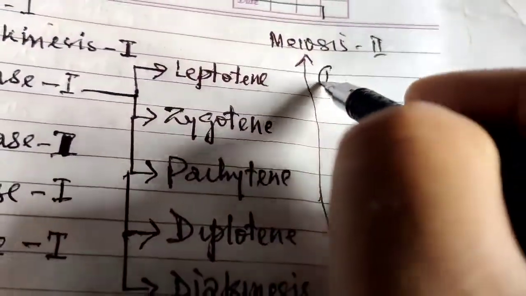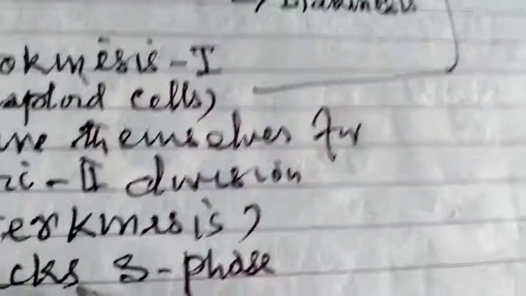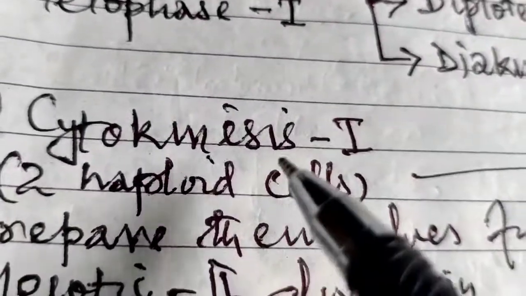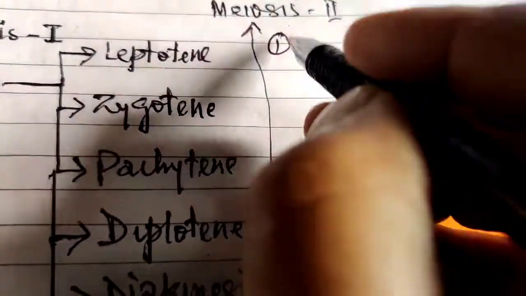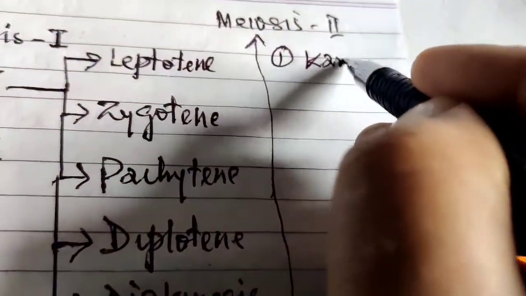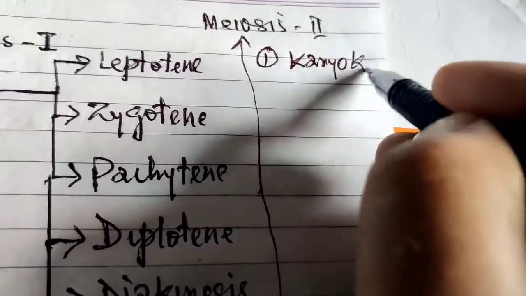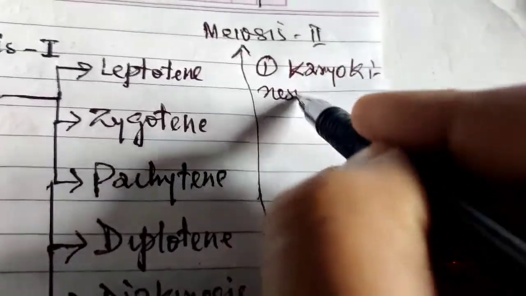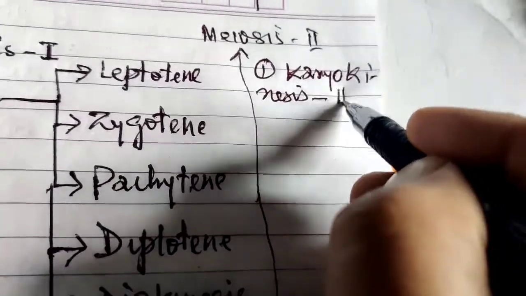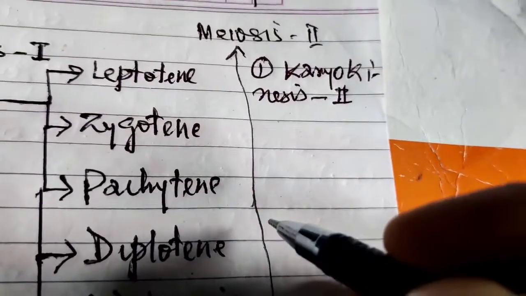In meiosis second, again these 2 cells, the haploid cells which are formed in meiosis first, undergo first karyokinesis, and we mark it as karyokinesis second since it is meiosis second.